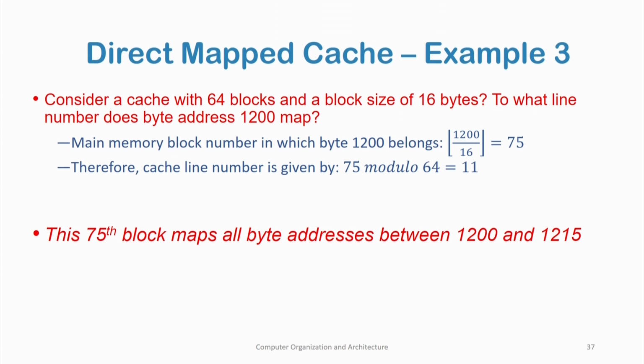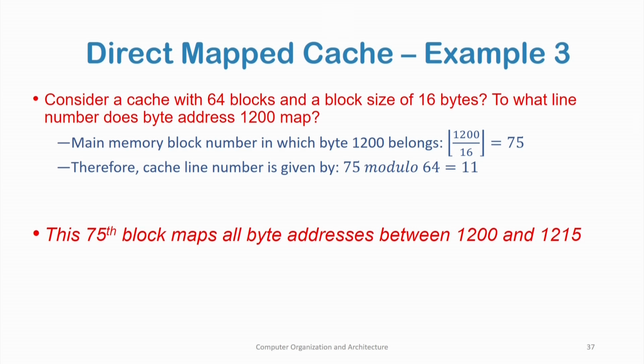Now, the cache line number is given by 75 modulo 64. Why? Because we have 64 lines in the cache. I mistakenly said blocks; we have 64 lines in the cache, and therefore the cache line number is given by 75 modulo 64, which is 11.